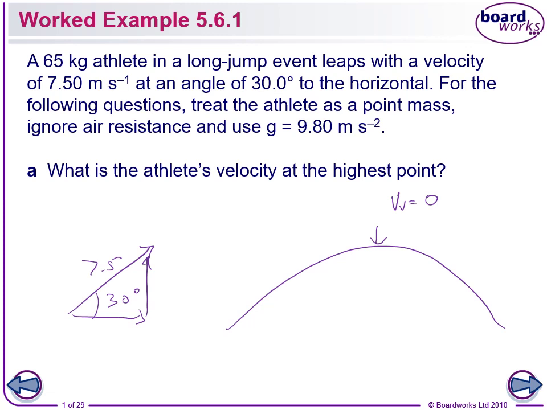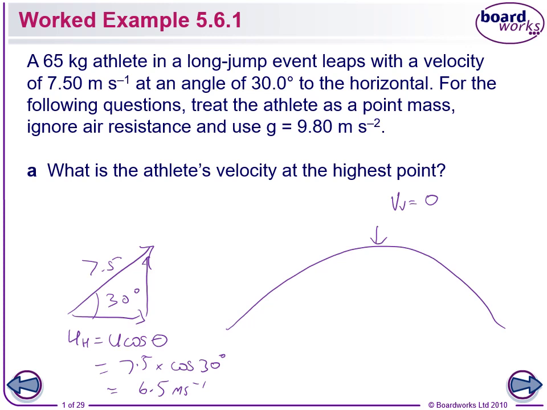So from that previous diagram, our horizontal velocity is equal to u cos theta, which is equal to 7.5 times cos 30. So our horizontal component of that velocity, I get 6.5 meters per second.